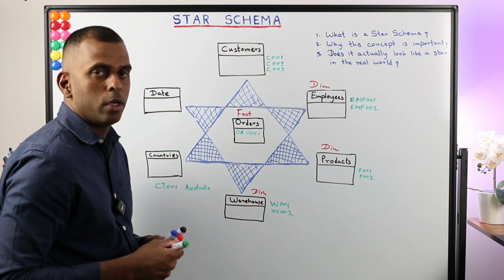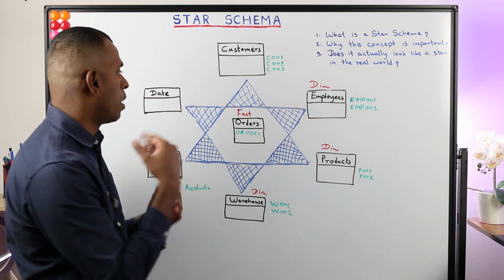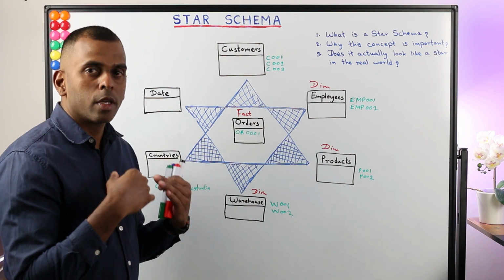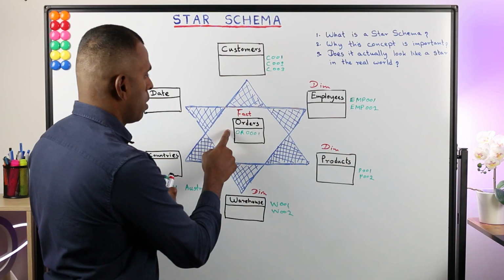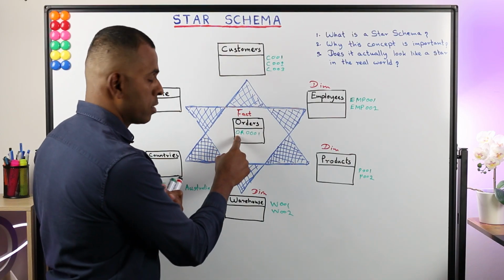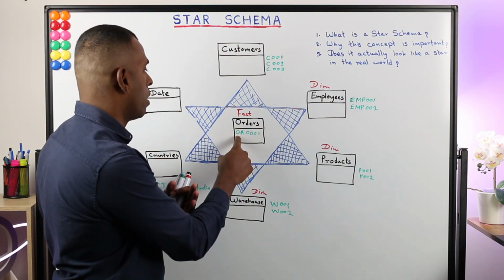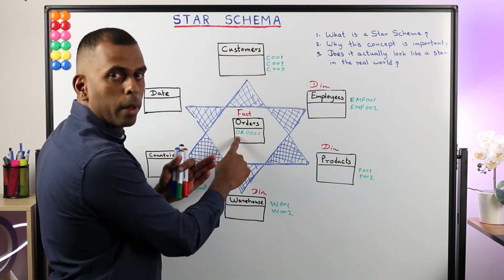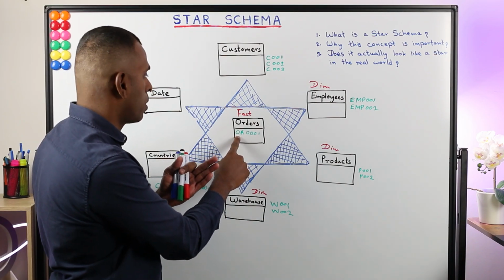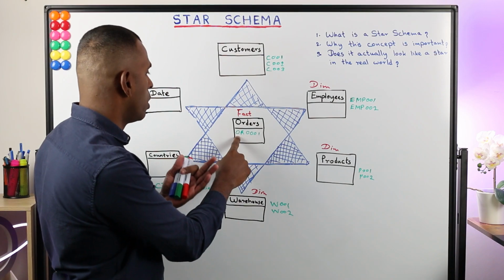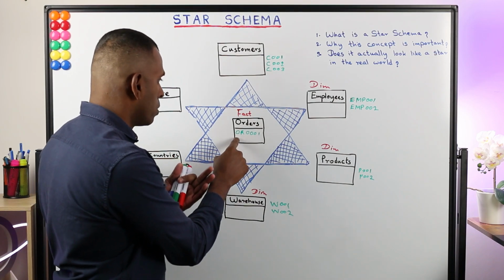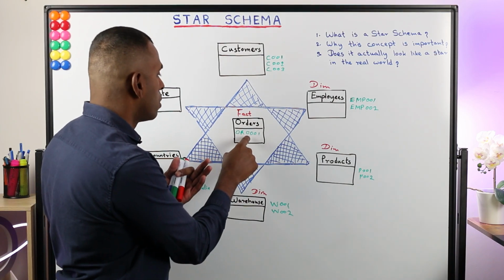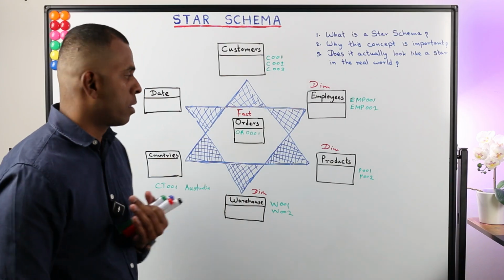So each time a sales transaction happens, that sales transaction generates a primary key. Let's say another sales transaction happens, the second transaction would be OR0002, just like that.